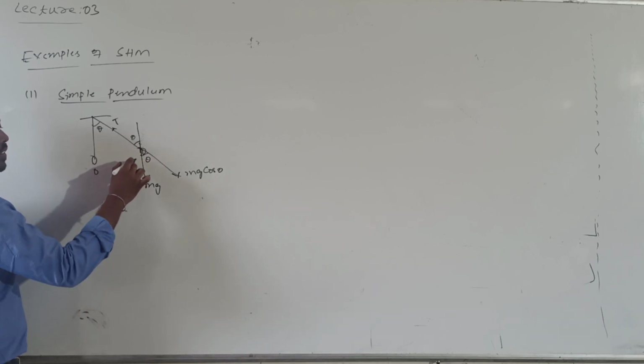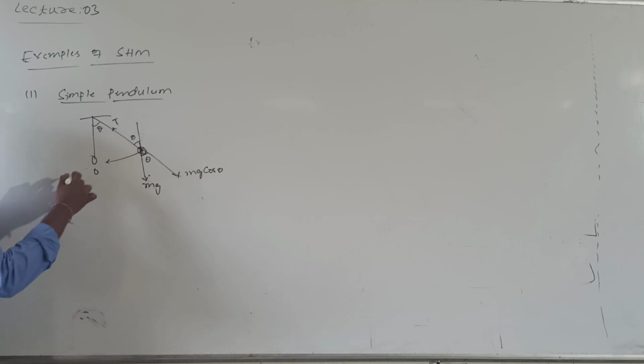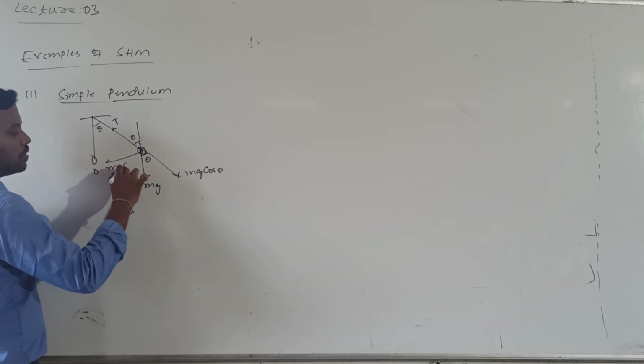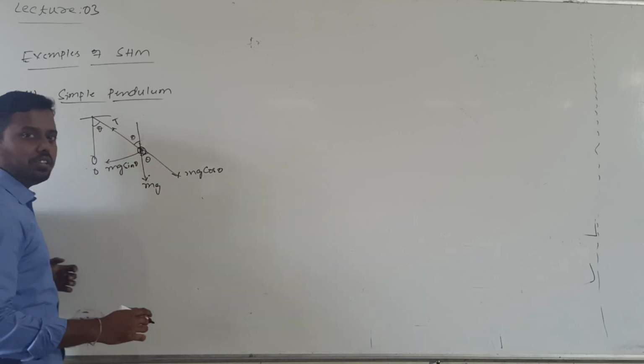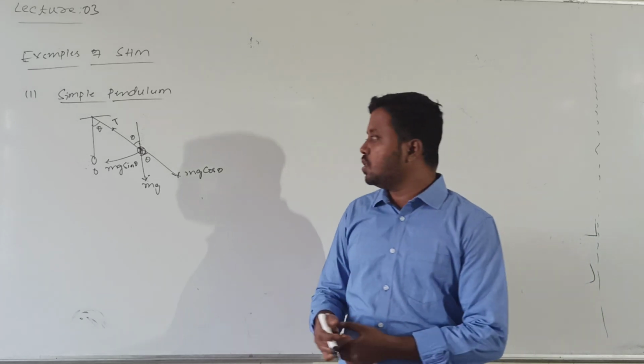After leaving the bob at the extreme position, the bob will come back to its original position. What is the reason for coming back? Restoring force. Who provides that restoring force? The weight component provides that restoring force.